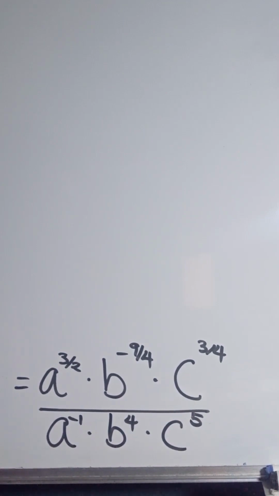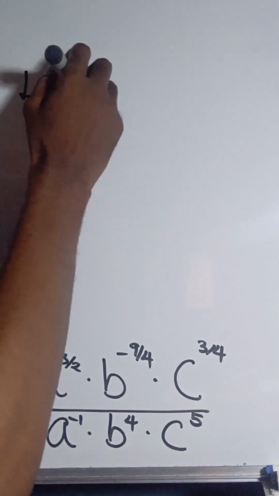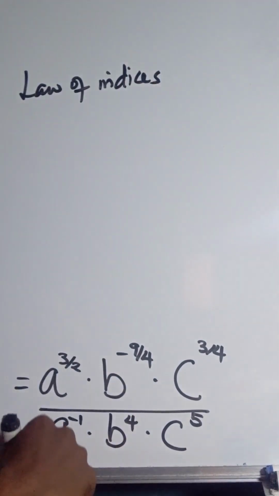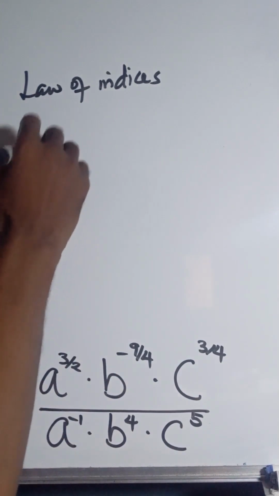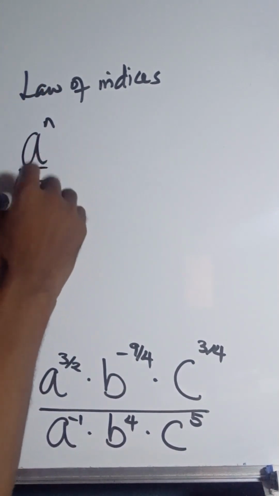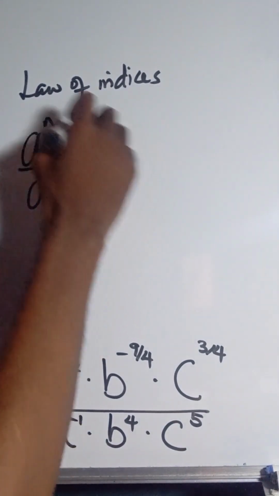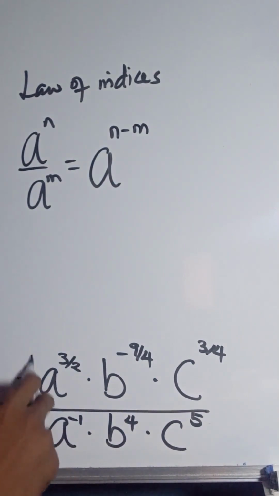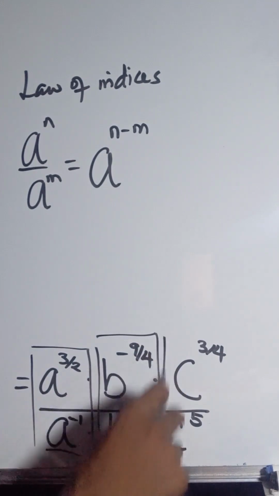Alright, so if we simplify further, we are going to apply the division law. Remember, if I have a raised to power n divided by a raised to power m, it means a raised to power n minus m. We apply this to each part.